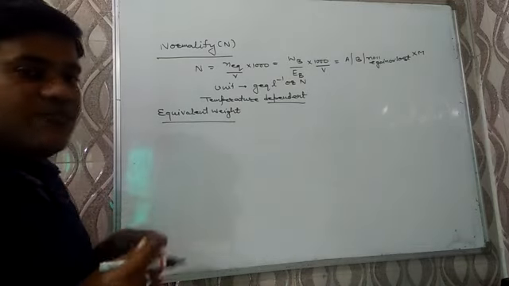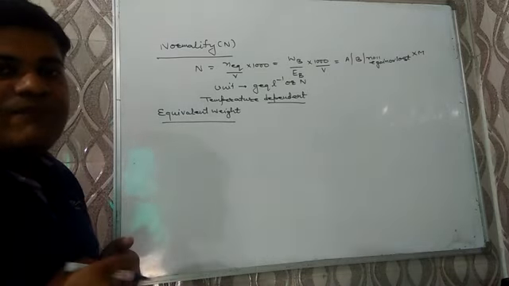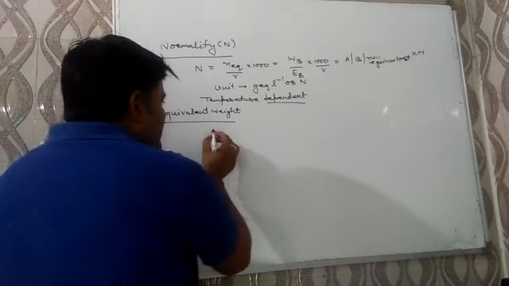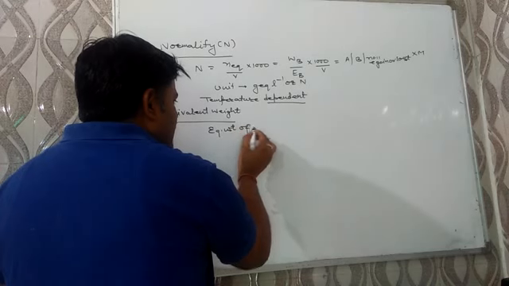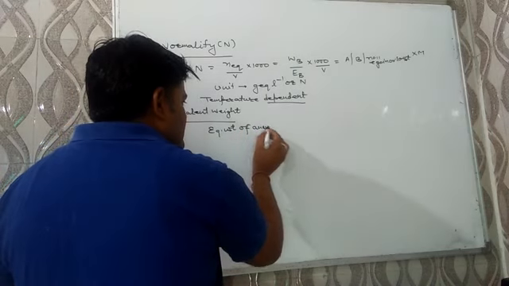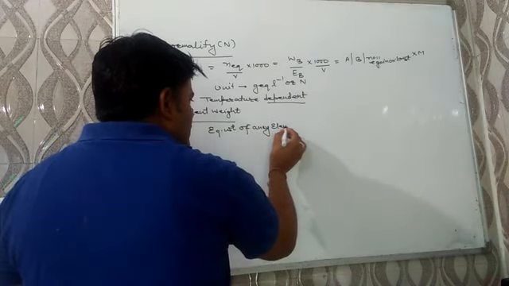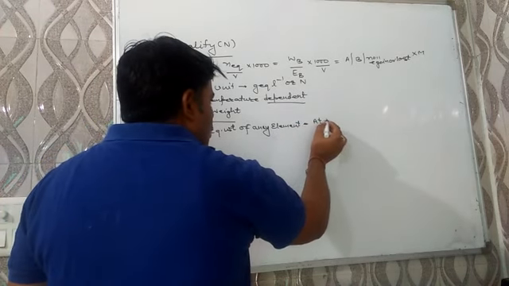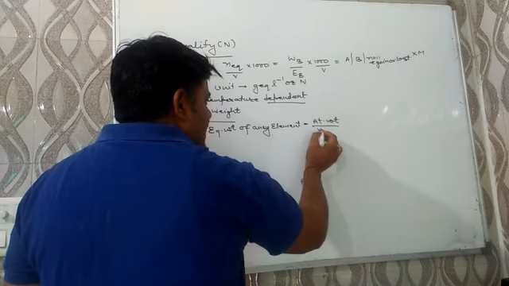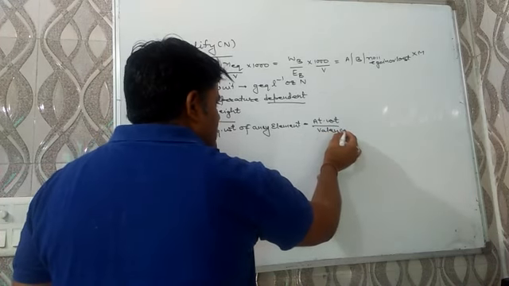Now we have to discuss various methods by which we can find out the equivalent weight. First, equivalent weight of any element will be equal to atomic weight over valency. We have discussed the numerical of it earlier too.